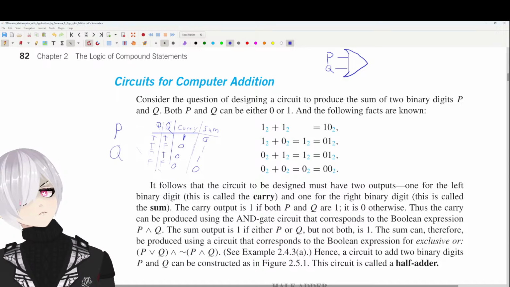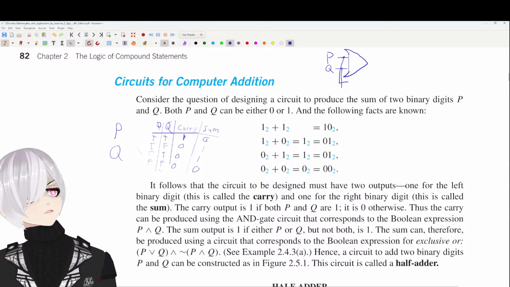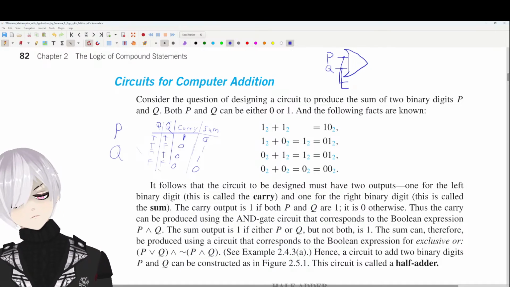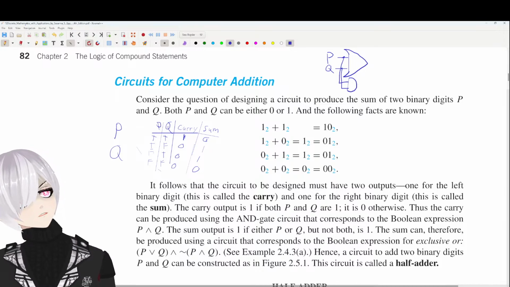Then we'll also need to have them go through an AND gate and then a NOT gate. And then we'll have the results go through an AND gate. Oh wait, and not both. So that's the AND gate, but I guess it's actually a NAND gate. Yeah, exactly. Which would be the AND gate followed by a NOT gate.